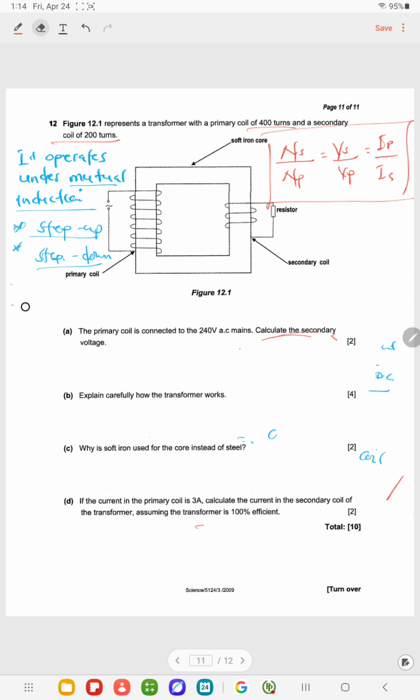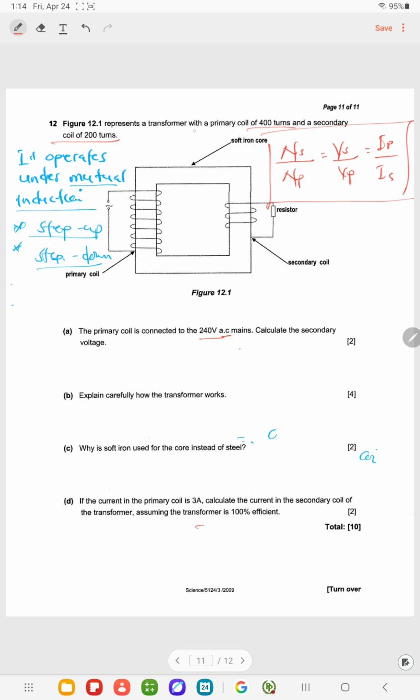So let's look at question 1 now. The primary coil is connected to 240 volts alternating current. Once you see alternating current, just know that you're talking about the primary coil. Calculate the secondary voltage. Now look at the numbers which we have.